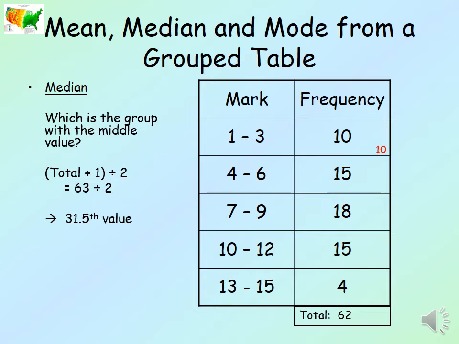So we need to do a running total. 10 plus 15 is 25, plus 18 is 43, so again it is in this group. So the median group is 7 to 9. Okay, so that is as close as we're going to get.